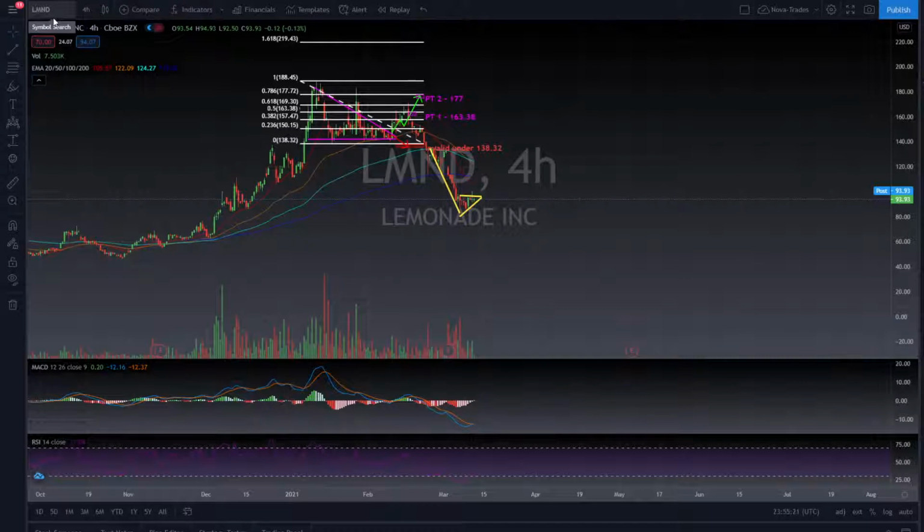A death cross is when the 50 exponential moving average crosses the 100 exponential moving average. Let's see if I can think of an example when there was one.